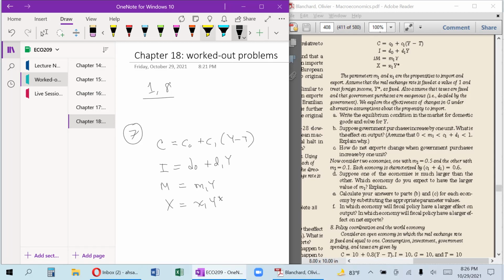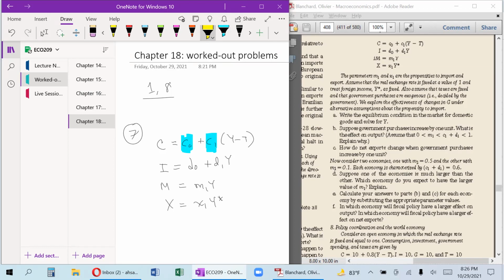Now, here's something I'm going to ask you to do. It's not part of the question, but regardless, you all should be able to do it. From our understanding of the goods market from 207, you all know what C0 and C1 are, right? C0 is the autonomous consumption, and C1 is the MPC.